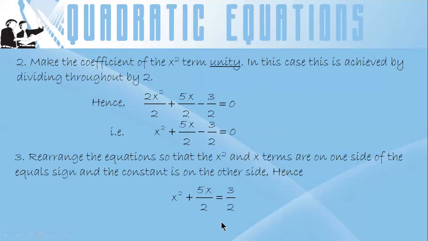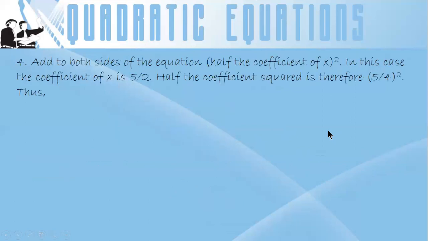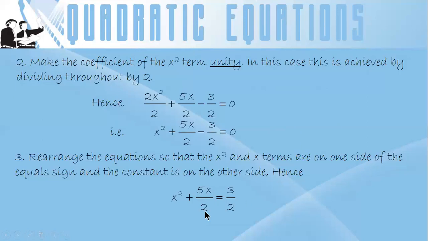Use the suggestion from earlier: add to both sides of the equation half of the coefficient of x, squared. In this case, the coefficient of x is 5 halves.